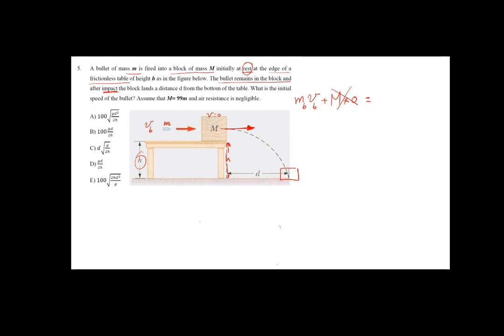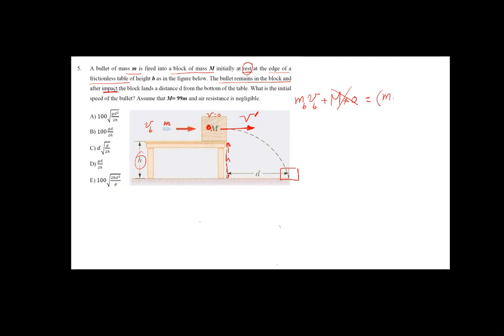the bullet penetrates the block and they move as one block. Let's say their speed after the collision or after the impact, I will call it V prime. So after the collision, the total momentum is what?